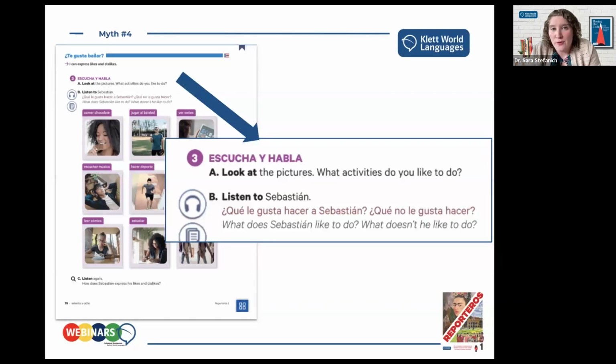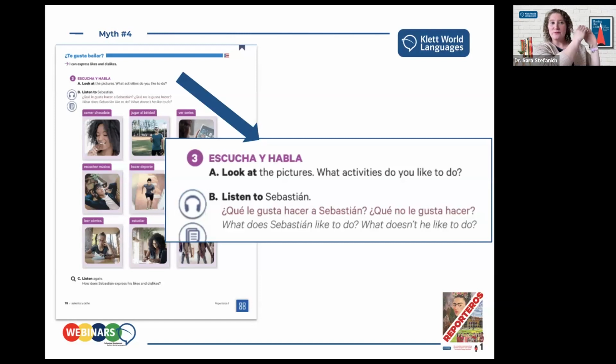But I would encourage you to look at it from a different perspective, which is that, well, do they actually need to know gustar in that detail at this moment in order to do this activity? And I don't think they do, because if I were to do this in class with my students, most likely, I would put up some kind of chart on the board or have my students write a chart, or maybe we would use mini whiteboards or something.